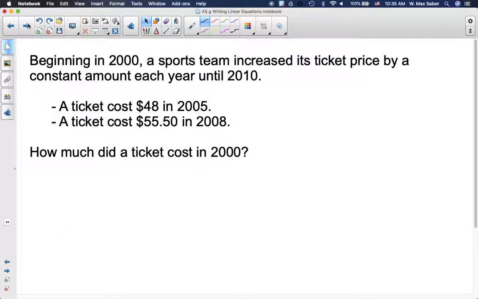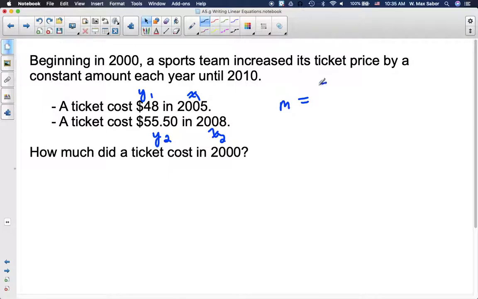Beginning in 2000, a sports team increased its ticket price by a constant amount each year until 2010. A ticket cost $48 in 2005 and $55.50 in 2008. So we can use these as x1, y1, because remember, input will be time.